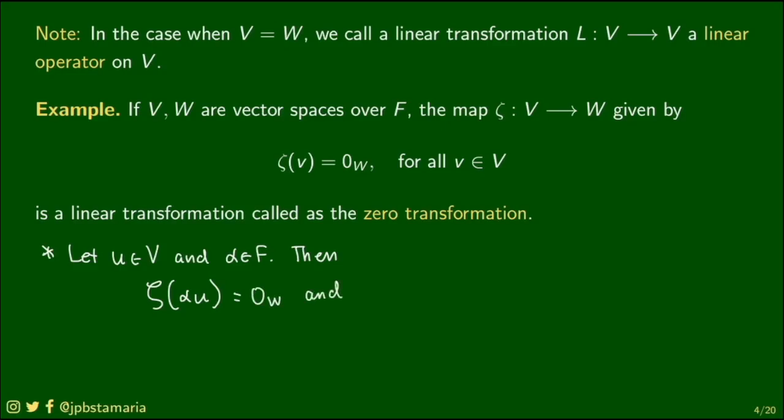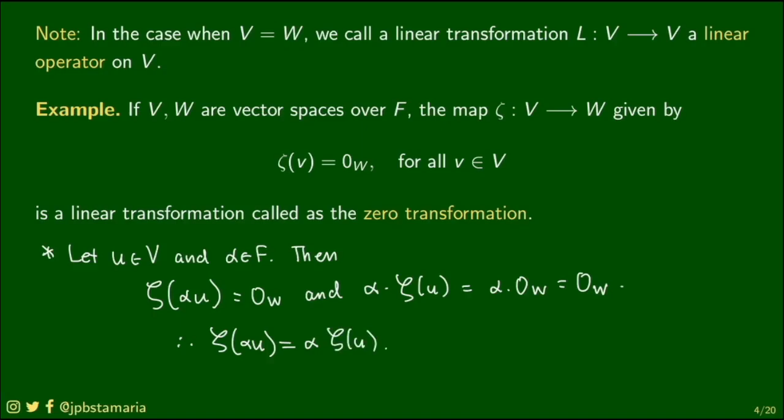On the other hand, if we multiply alpha times zeta of u, you get alpha times 0_W, which, by properties of vector spaces, is just 0_W. Therefore, zeta of alpha u equals alpha times zeta of u, proving equation L2. Therefore, this mapping zeta is really a linear transformation, called the zero transformation.